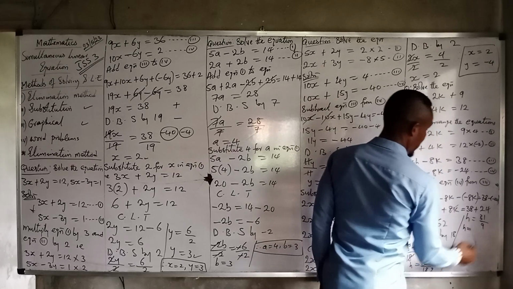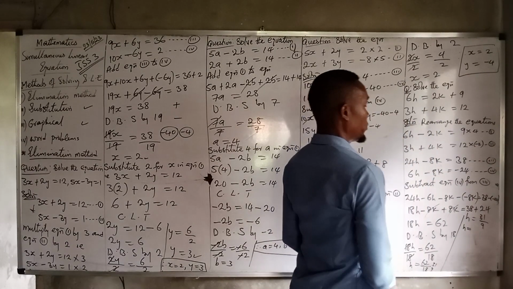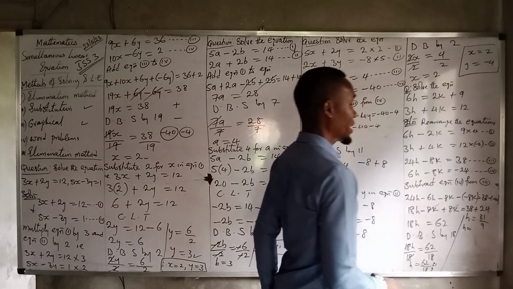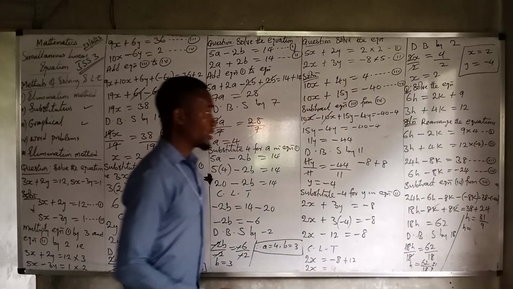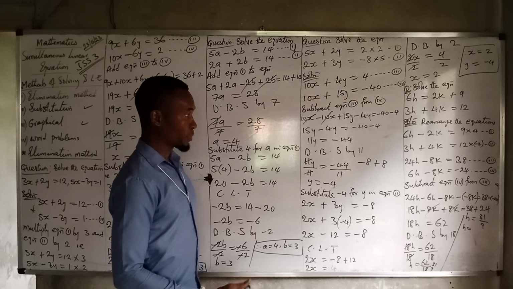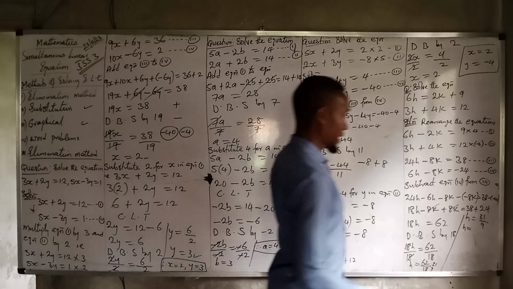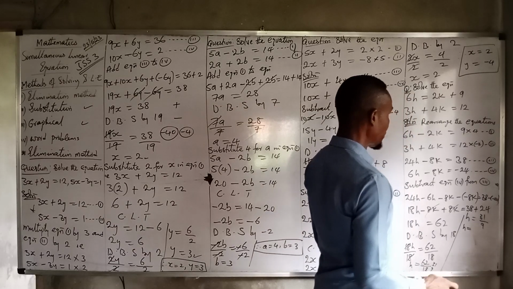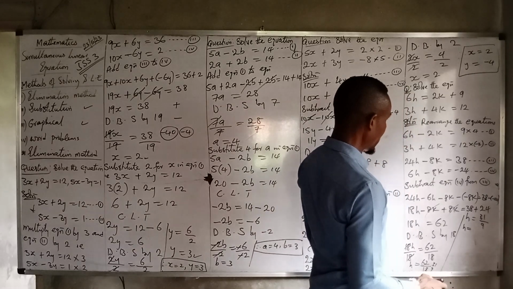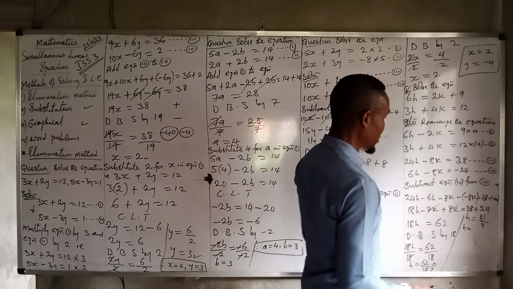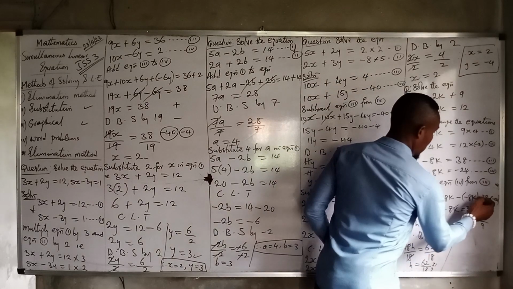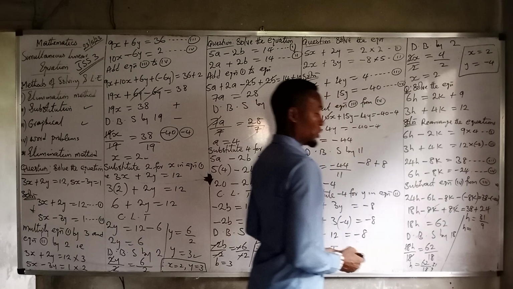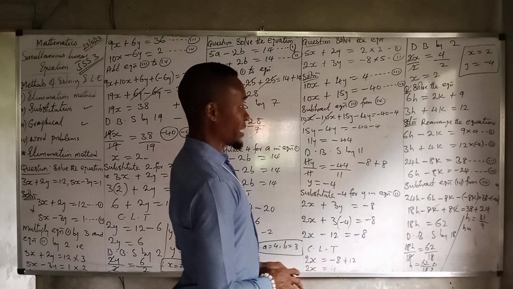So h equals, what can I use to divide 31 and 9? Nothing can divide 31 and 9. It's not possible. But I have to check whether I made a mistake. When you are solving, try and make sure that you rectify all the mistakes.